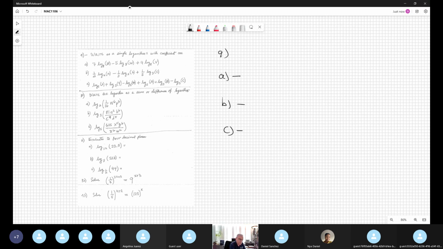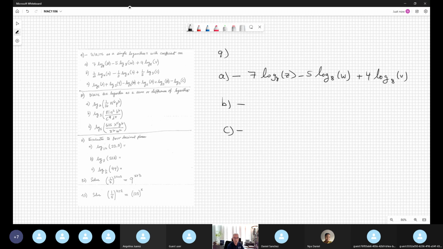The question says to express it as a single logarithm, so it is condensing. For example, we have 7 logarithm base A of Z minus 5 logarithm base A of W plus 4 logarithm base A of B.